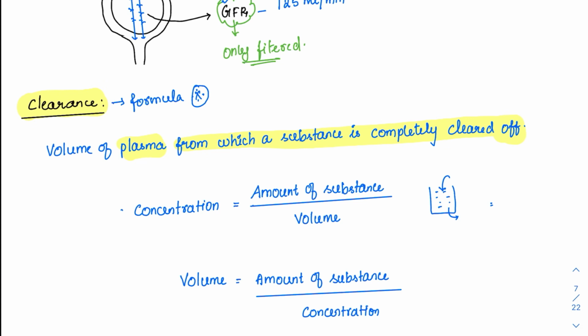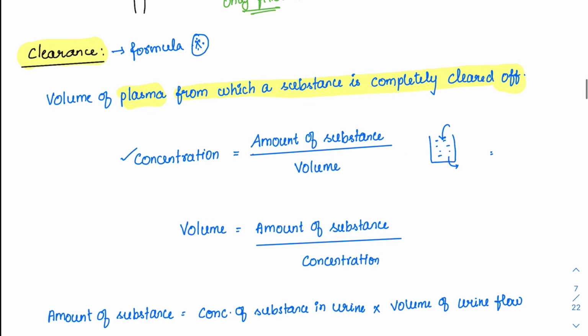First thing is concentration. What is concentration? All of us know, if there is an amount of substance, dividing it by the volume will give me the concentration. Let's study with an example. I have a water bottle here and I put 5 milligram of substance inside it. Let's assume the volume of this water bottle is 100 ml. Now tell me, what is the concentration?